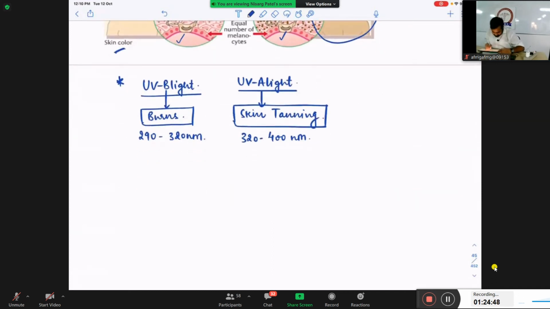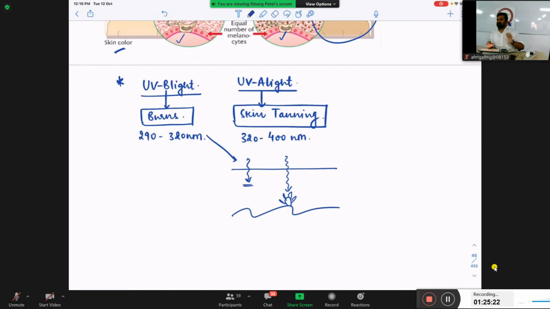Why? Because, as I told, these cells are present on the basal layer. This UV light, because of the higher wavelength, can penetrate more through my epidermis and can stimulate this melanocyte. But UVB light will remain in the upper layer only, and so in a fair skin person, if they go into the sun, what will happen?